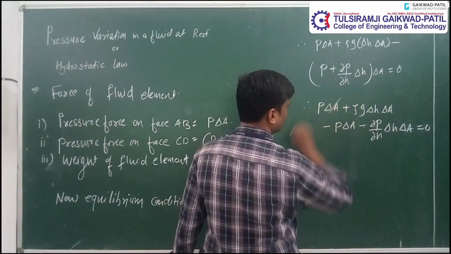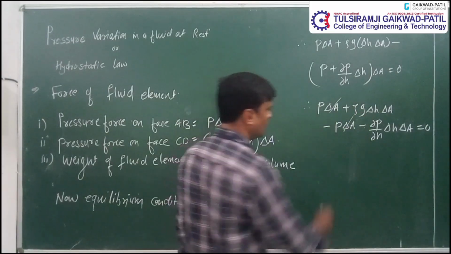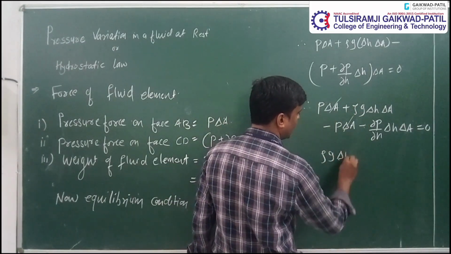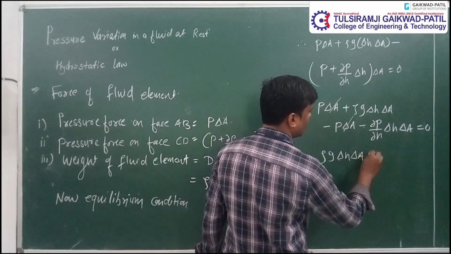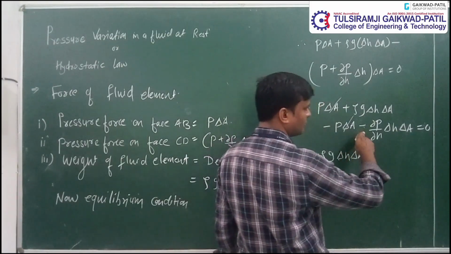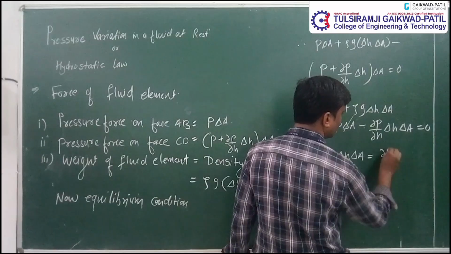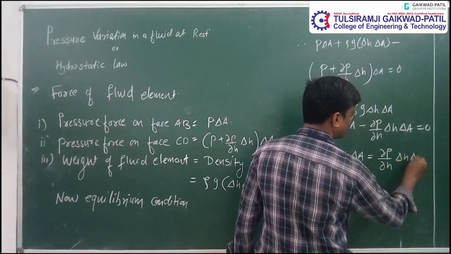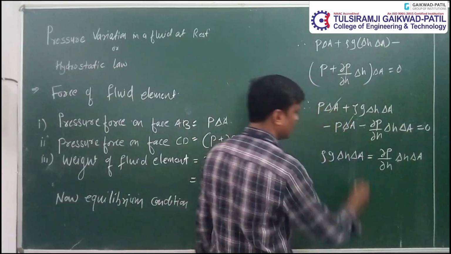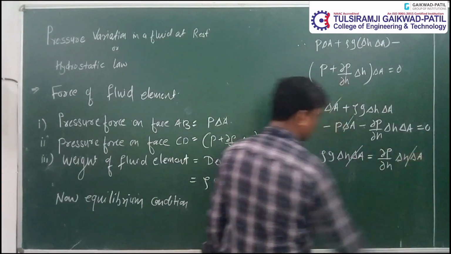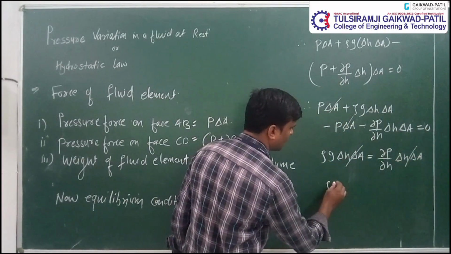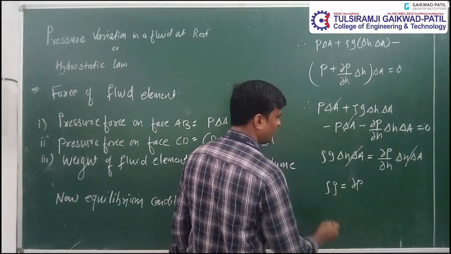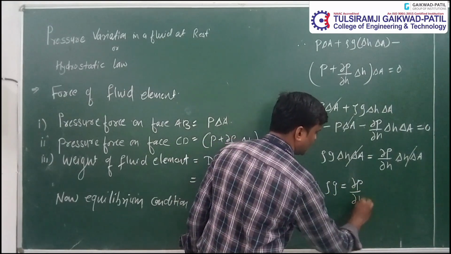Now the positive and negative signs cancel. What remains? Rho g delta H delta A is equal to del P upon del H into delta H into delta A. Now this is common, so it is cancelled. What remains is rho into g is equal to del P upon del H.